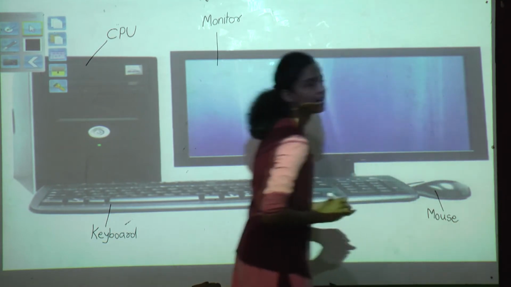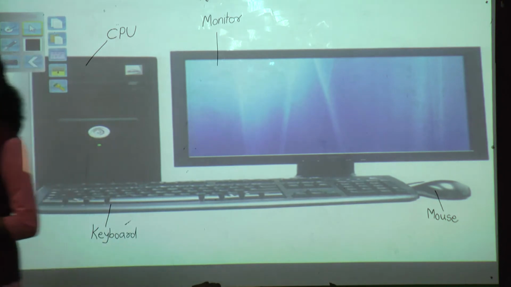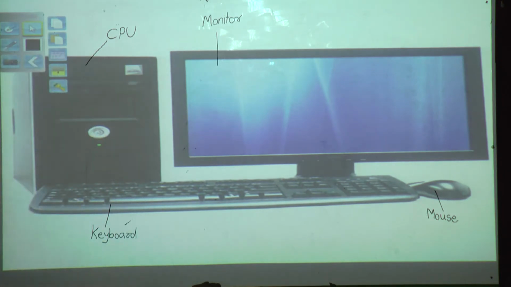M-O-U-S-E. These are 4 main parts of computer. There are also other parts of computer, but these are the 4 main parts. Which are they? CPU, monitor, keyboard, mouse. CPU is also called the brain of computer.